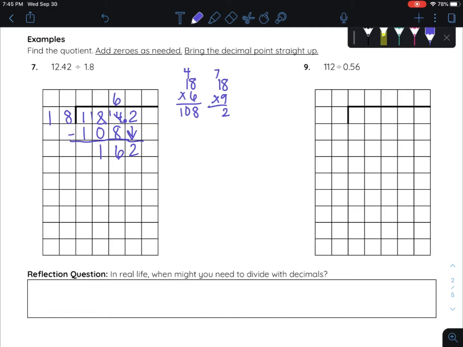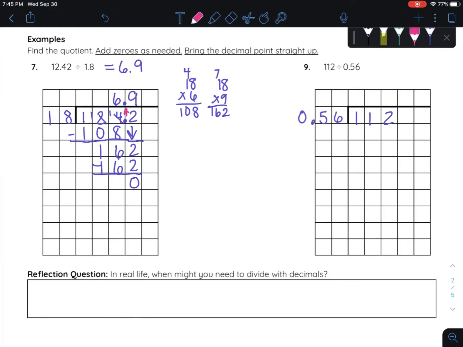So that's going to be 72, 162 exactly. So 9 times 18 is 162. This part might take you a little guess and check. All right, drag that decimal straight up into the answer. The answer is 6.9.